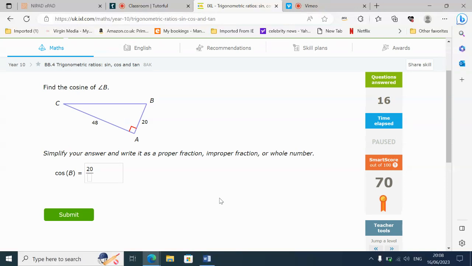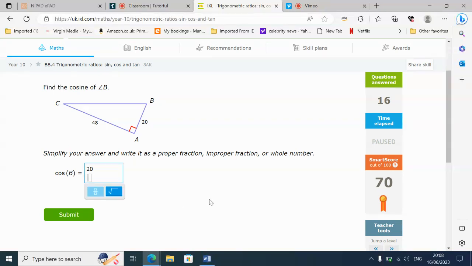What do you get if you add them up? 2,304 add 400 equals 2,704. So find the square root of 2,704.